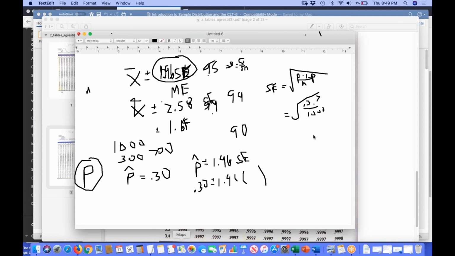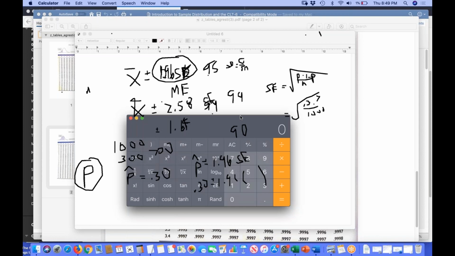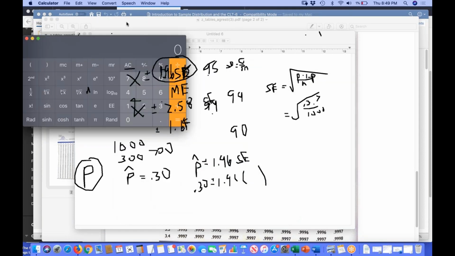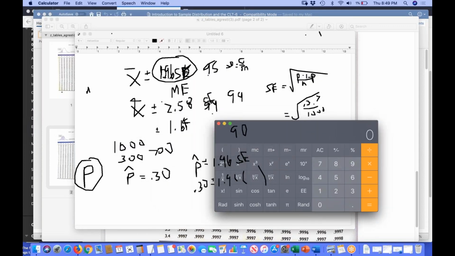Okay, I'm going to give that a try down here. Oh, that's nasty. I'll do it over here. Okay, so 0.3 times 0.7 is equal to this.